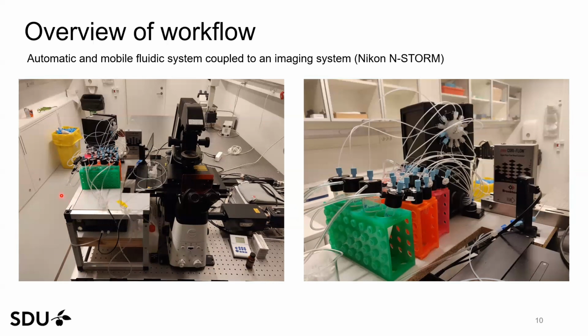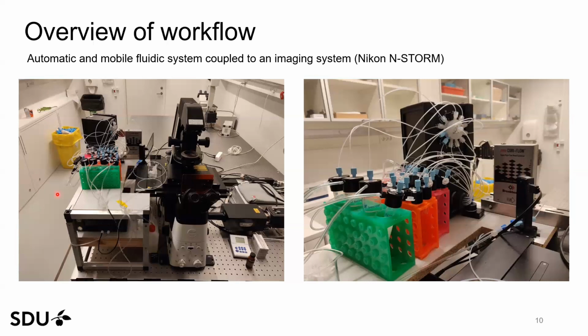We can program the fluidic system ourselves, so we can do whatever experiment design that we want. And we can also just lift it up and go to another microscope if we want to look at another sample with another technique or at another resolution. So it's quite a flexible system that we have built.